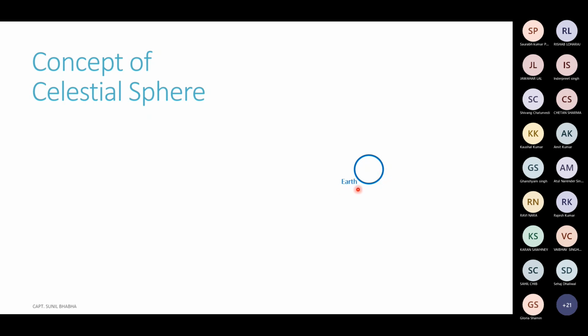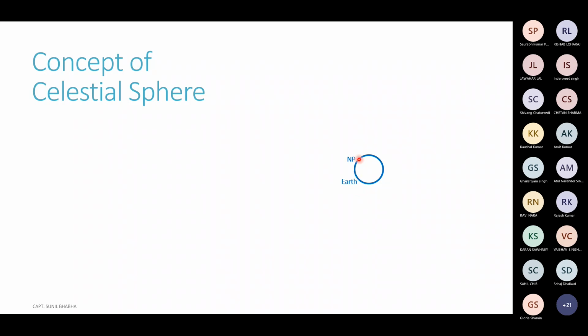Now on Earth, we have our reference system, which is based on the equator and the poles. We know the Earth is rotating about its axis, completing one rotation in 1 day. And this axis passes through the Earth's geographic poles, which are the North Pole and the South Pole. So let's mark off the poles in this diagram.